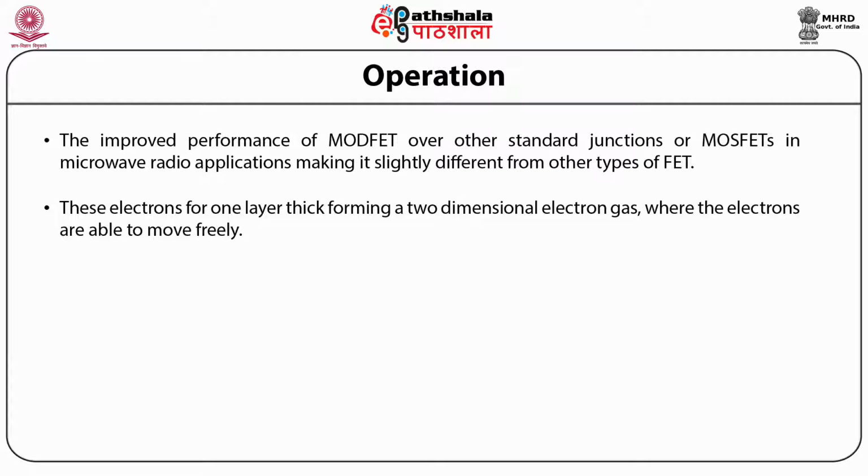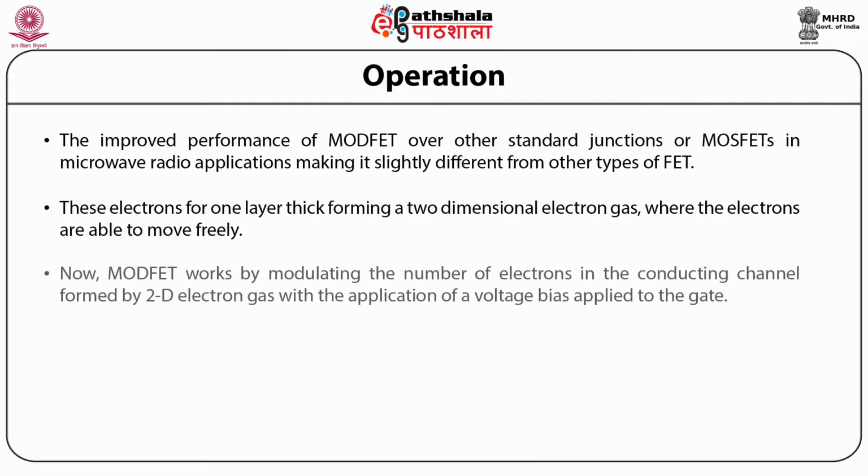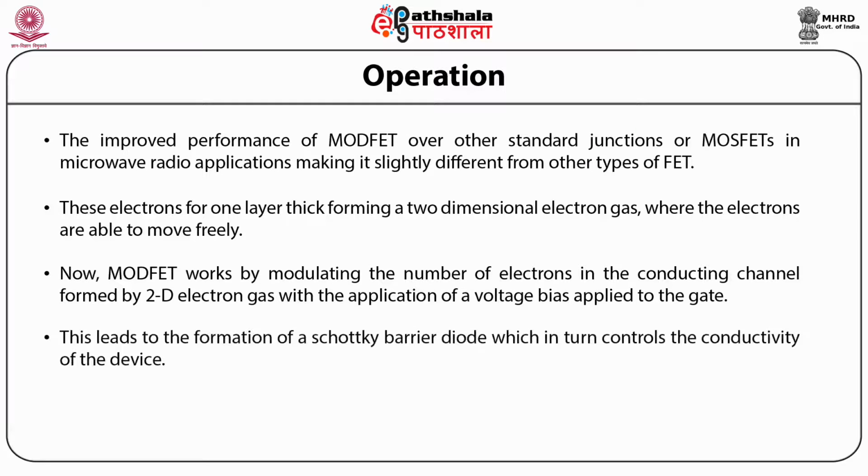This is due to the fact that there are no other donor electrons or other species with which the electrons will collide, and thus the mobility of the electrons in the gas is very high. So a voltage bias applied to the gate leads to the formation of a Schottky barrier diode, which is further used to modulate the number of electrons in the channel formed from the 2D electron gas.